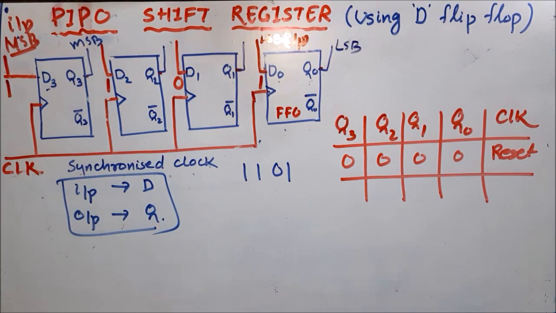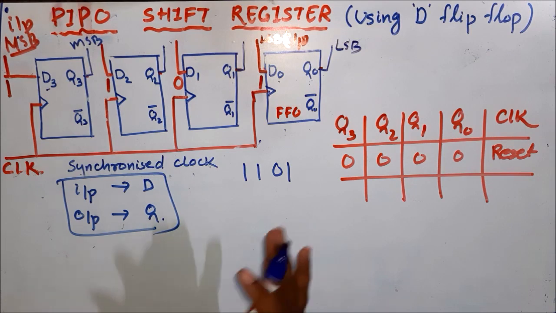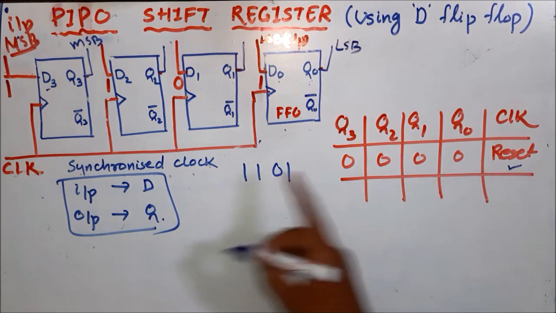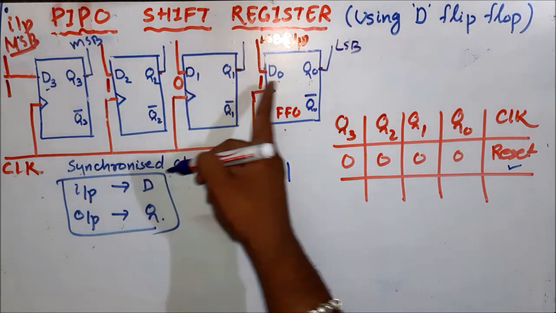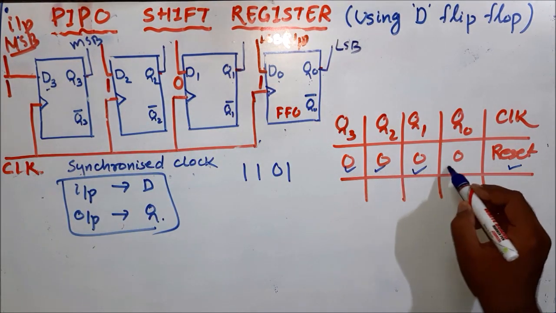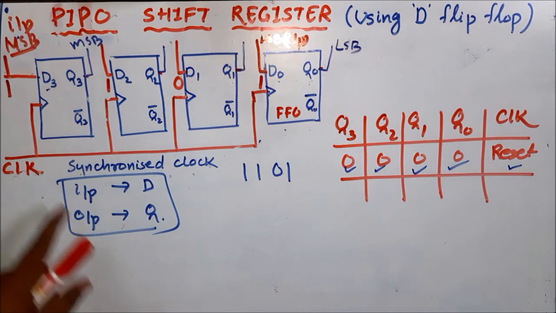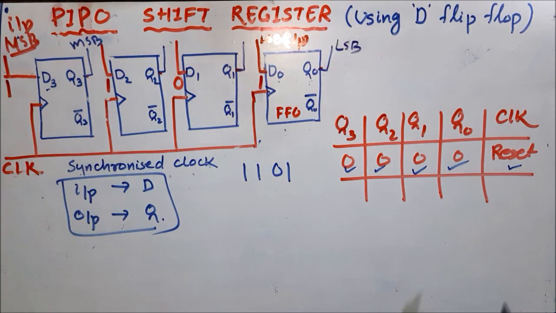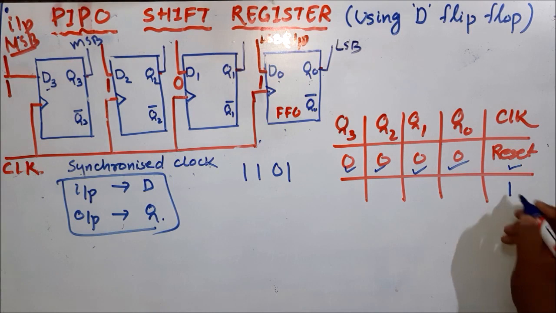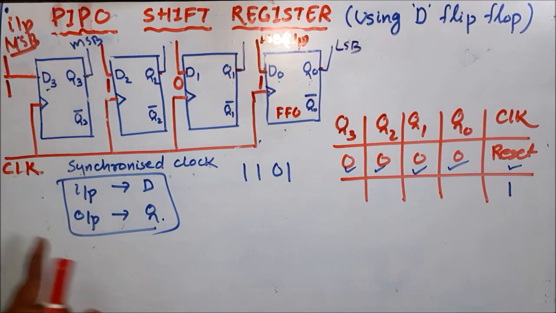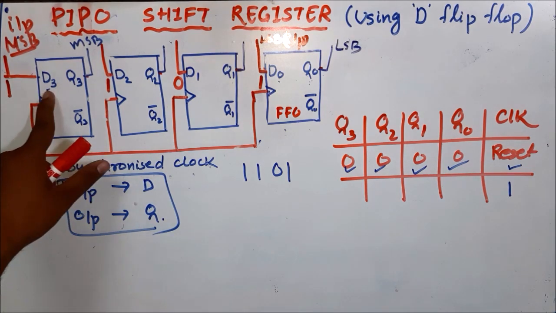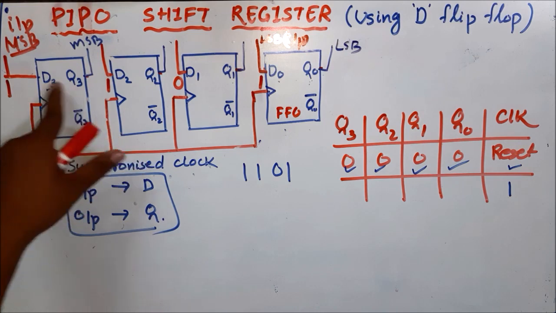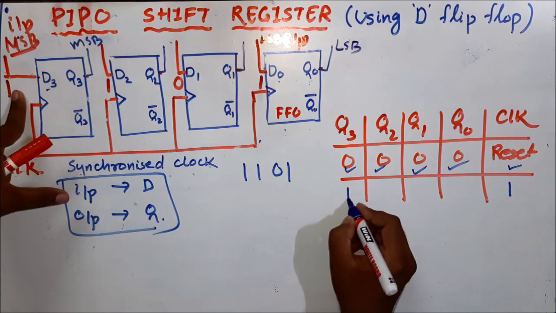Before doing anything, I reset it, so each output, Q3, Q2, Q1, Q0, becomes 0, 0, 0 and 0. And then I apply the input as 1101. Then I apply a single clock pulse. As I told you for the D flip-flop, when a clock is applied, input is applied to the output. That means for each flip-flop, D3 is rotated to Q3, so Q3 becomes 1.